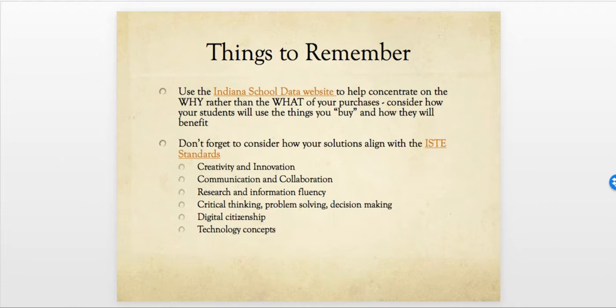Some things to remember. Your grant proposal should really be driven by real student data. We'll take a look at that site. You'll find a district or building to work with to evaluate the data that they have available. Ask yourself things like, is there a downward trend in ISTEP scores on a particular subject? Or is there a problem with graduation rates?